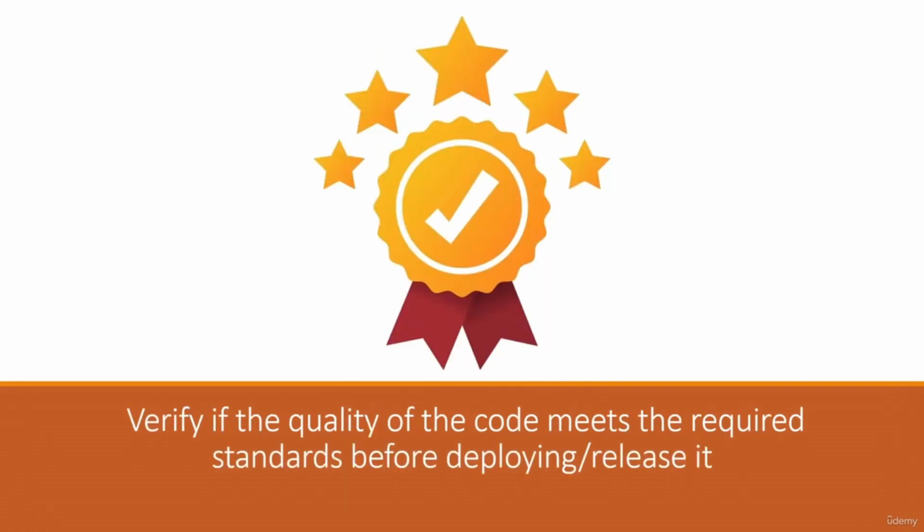Also, we get to verify the quality of the code, and we get to see if the quality meets the required standards before deploying or releasing it. So unit testing can help improve code quality by ensuring that each method of code is functioning correctly and as expected. Clearly, this helps to prevent errors or unexpected behaviors in the long run.